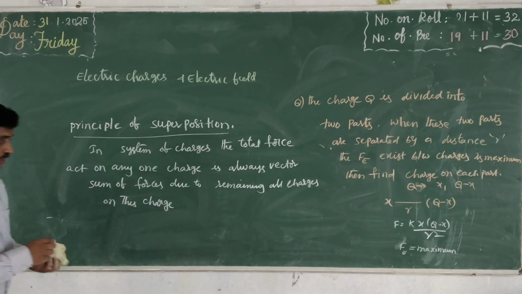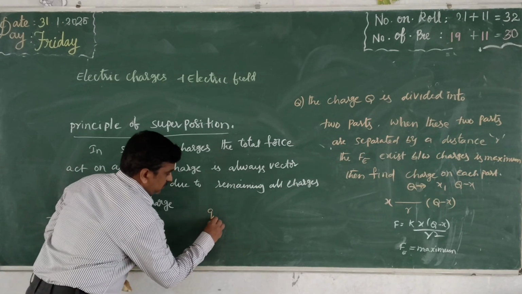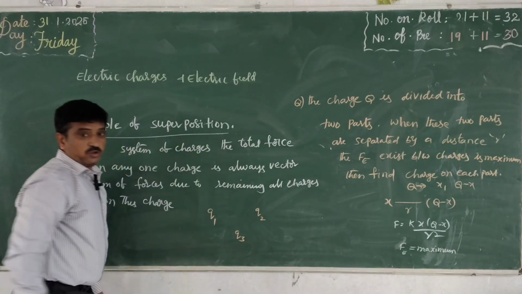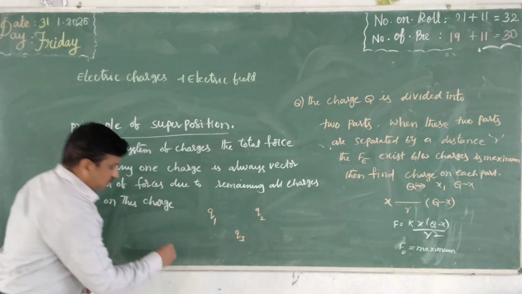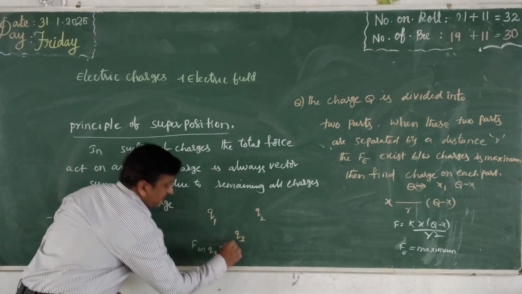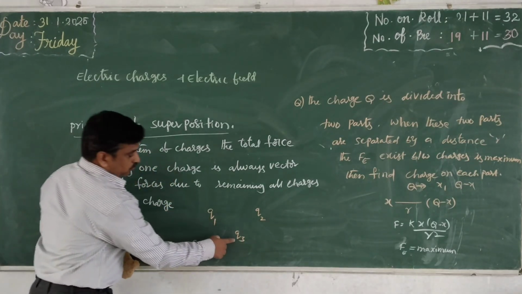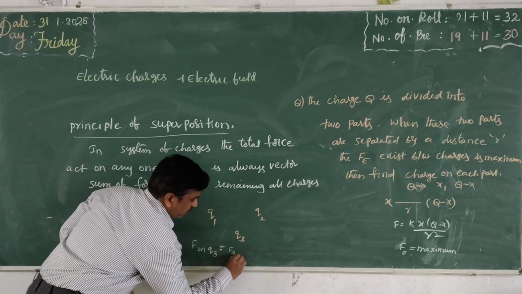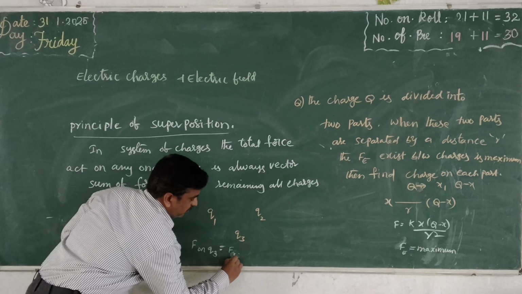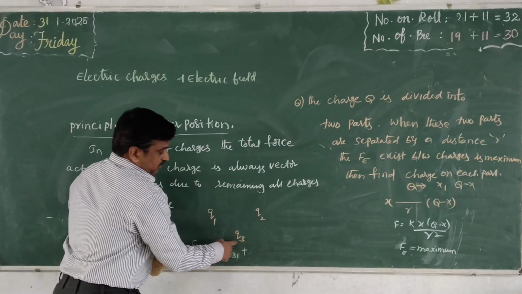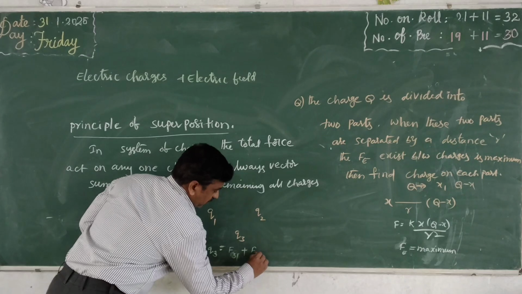For example, see here, a system of charges is there: Q1, Q2, Q3. In between them, force on Q3, what can we write now? See, force on Q3 due to Q1 we can write as F31, plus force on 3 due to 2, that is F32.